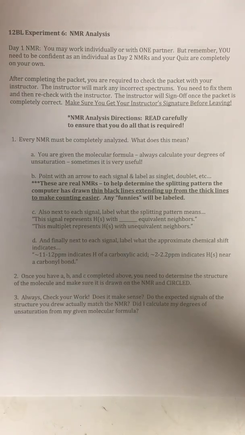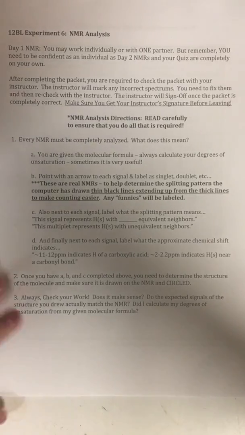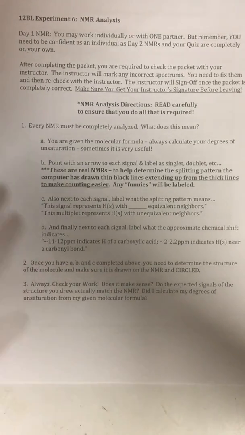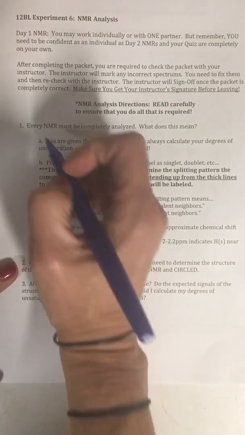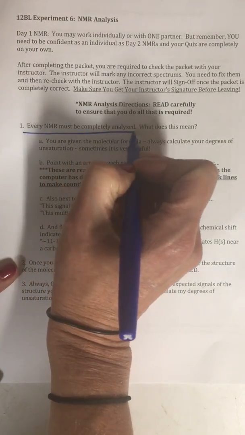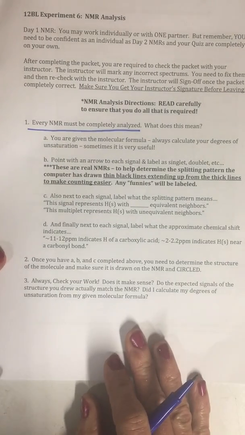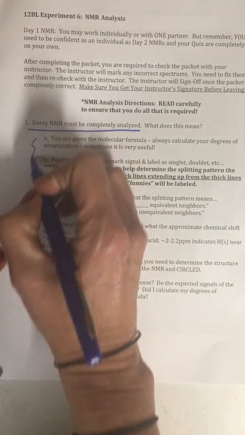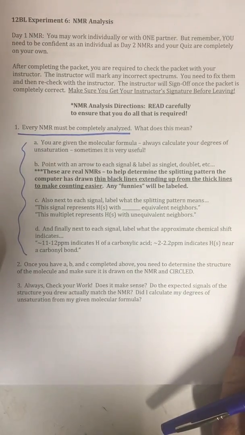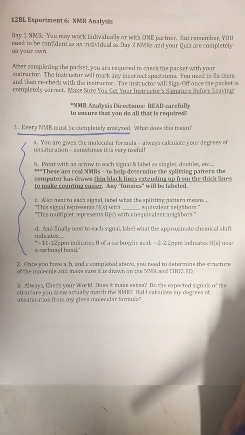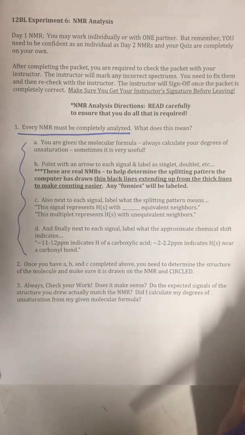You can't just say, poof, have a structure on there and no one knows where that actually came from. So every NMR must be completely analyzed. So you need to have all of these things on there. Okay? So take a peek, read it over, and in your next video, we will start analyzing several spectrums in the NMR.